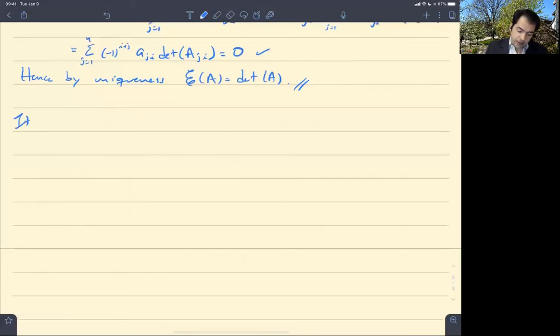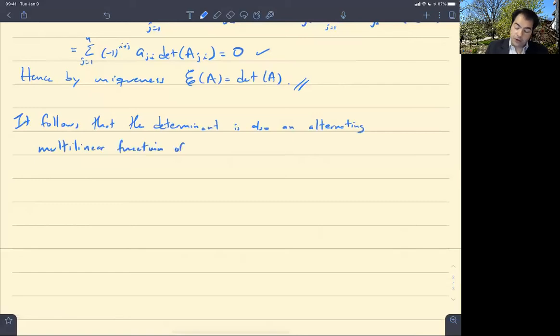So let's say it follows that the determinant is also an alternating multilinear function of the rows of a matrix.